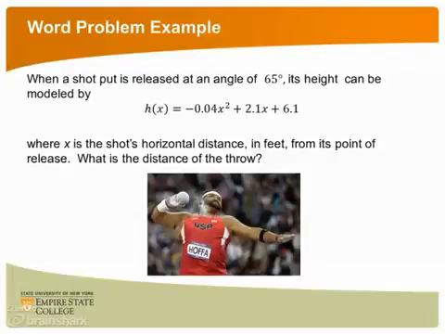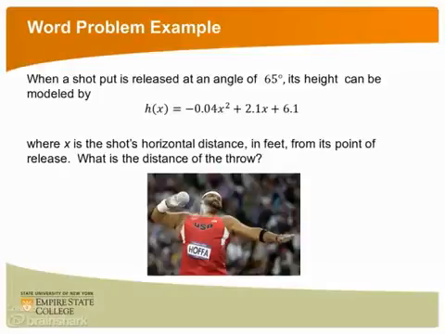For example, when a shot put is released at an angle of 65 degrees, the height of the shot can be modeled by the equation negative 0.04x squared plus 2.1x plus 6.1, where x is the horizontal distance from the point of release.